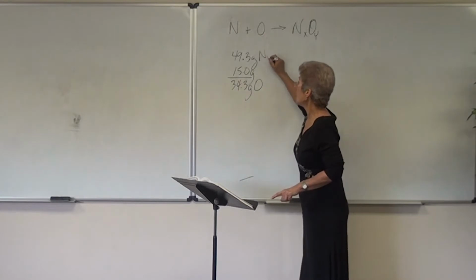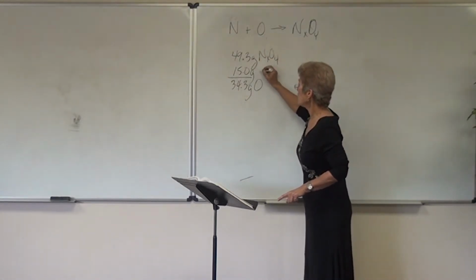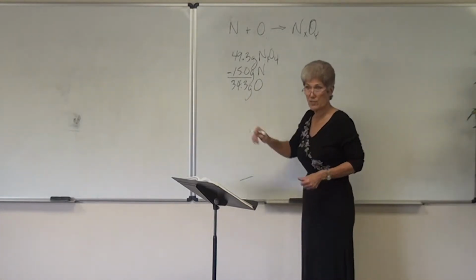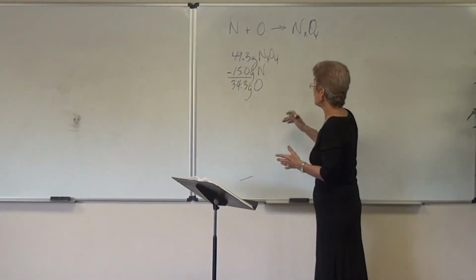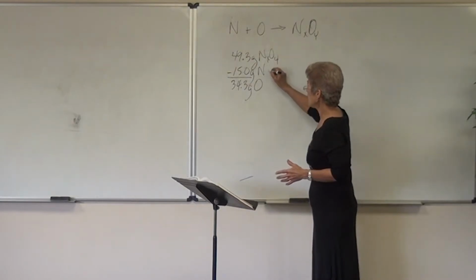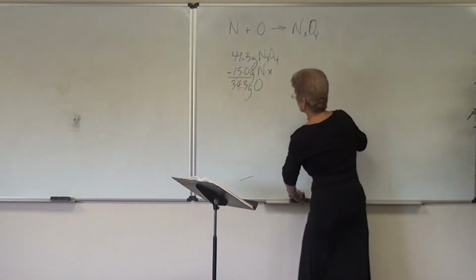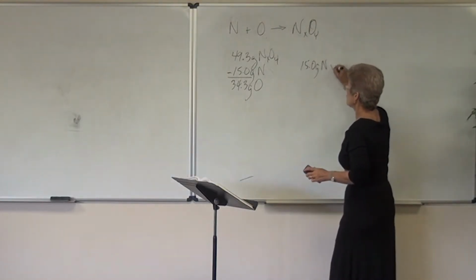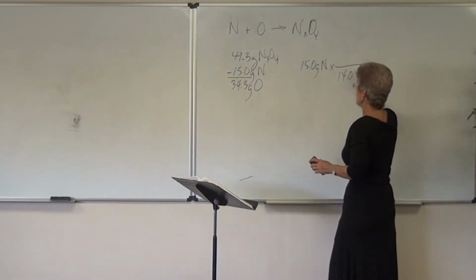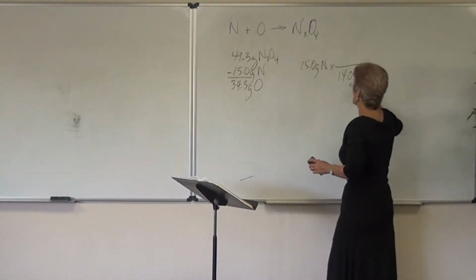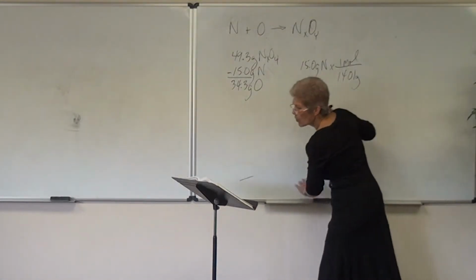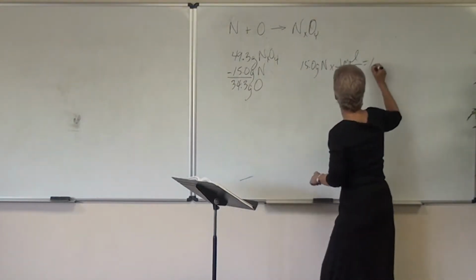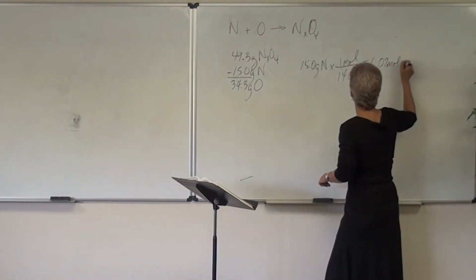Does everybody see that's the final product? That's the NxOy, and this is the nitrogen that was added in there. So if I subtract these, it's going to give me how much oxygen was added to this thing. Once you have that, then you can go to the moles. So I'm going to go 15.0 grams of nitrogen times 1 mole over 14.01 grams. And so that's going to give us 1.07 moles of nitrogen.